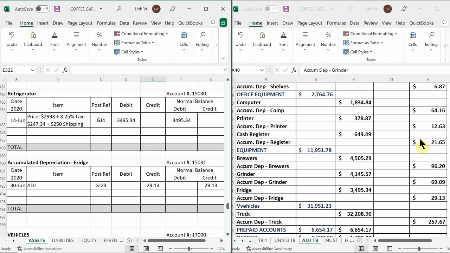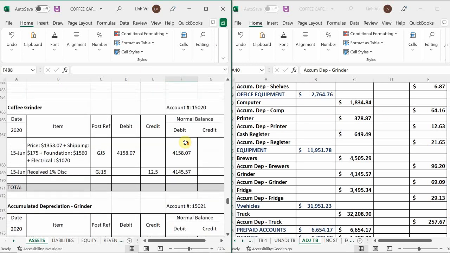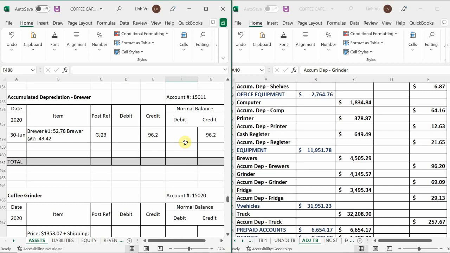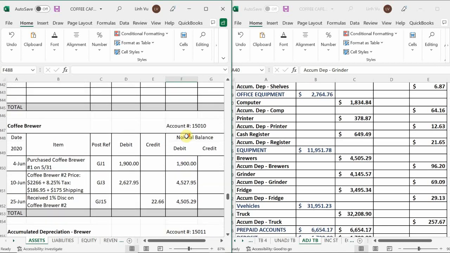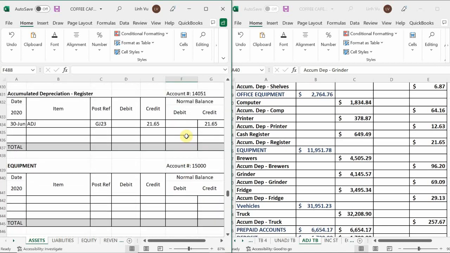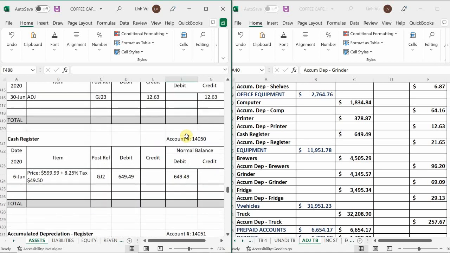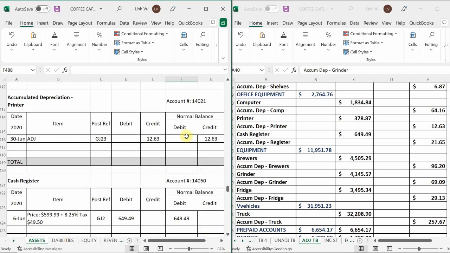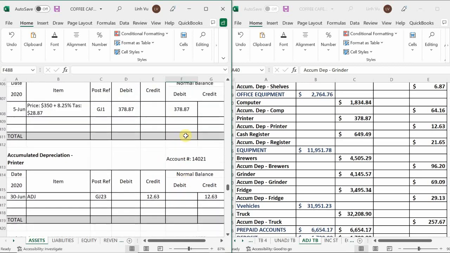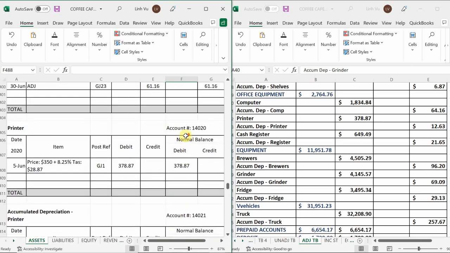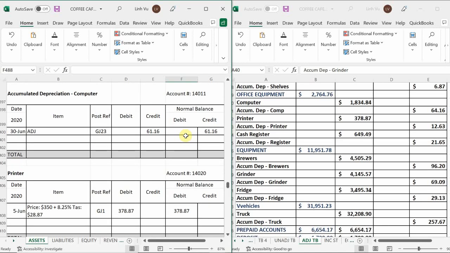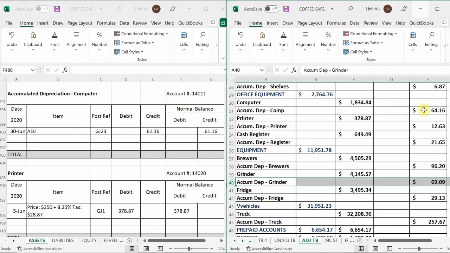Okay, so we would have to go through every single one again. Okay, $69.09. $96.20. $21.65. $12.63. 60. Oh, I put 64.16. There you go. It's supposed to be 61.16. Okay, there you go. I found it.